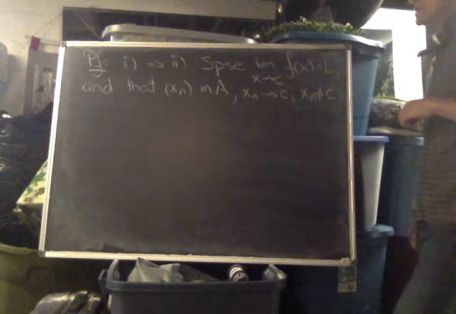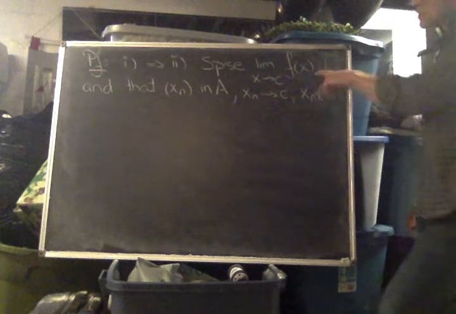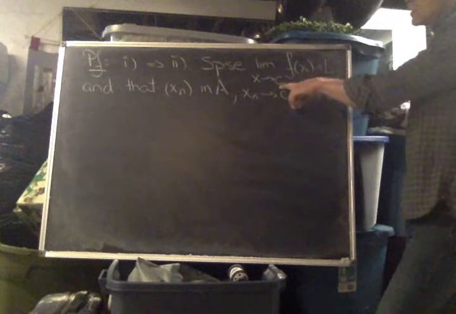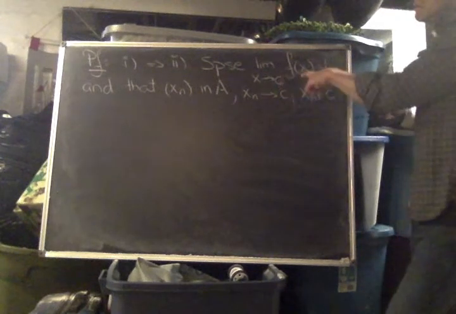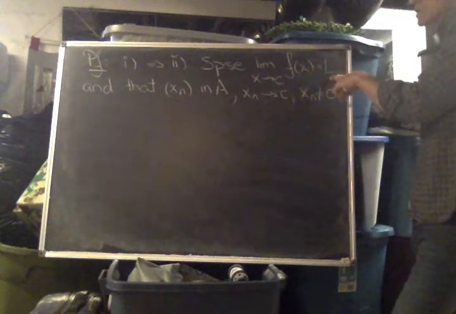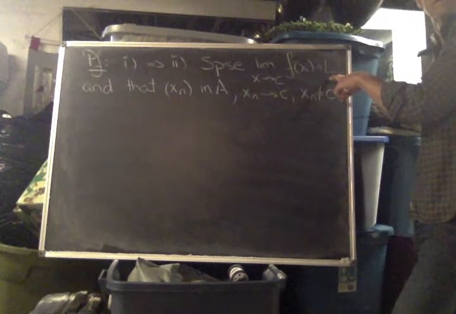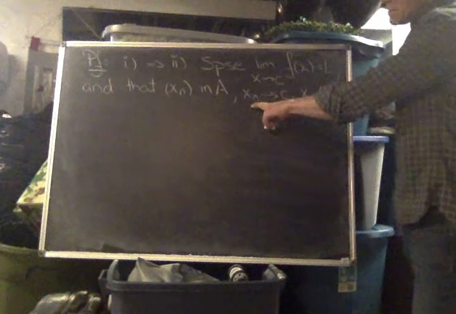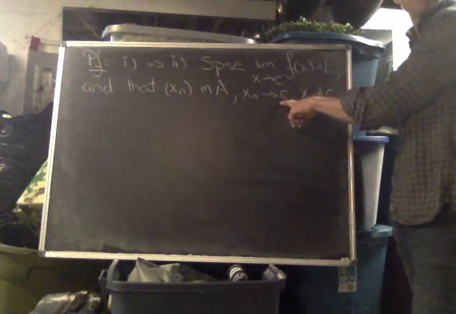Okay, and the idea is going to be this. This statement here tells us if you get really close to c, your function gets really close to L. Okay? Now these points here in the sequence xn, those are getting really close to c.